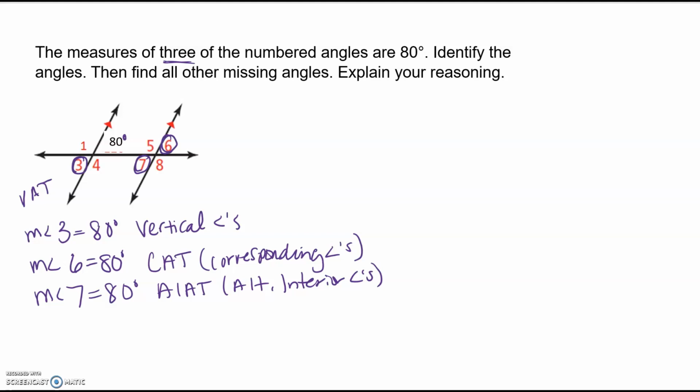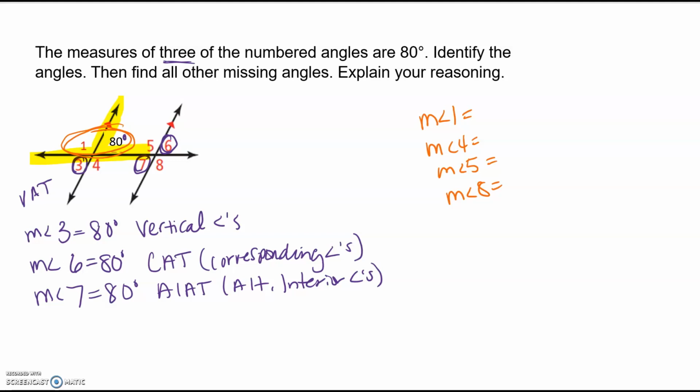And now I've got to figure out the other missing angles. The last 4 that I'm missing are measure of angle 1, measure of angle 4, measure of angle 5, and the measure of angle 8. First I'm going to find out what the measure of angle 1 is. Remember that when you have 2 angles next to each other that form a straight line, that's a linear pair.